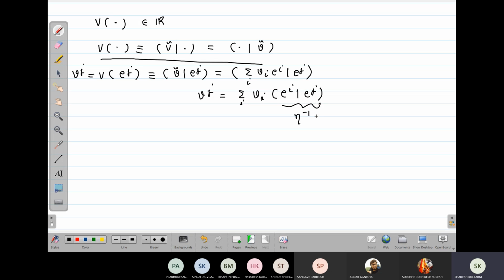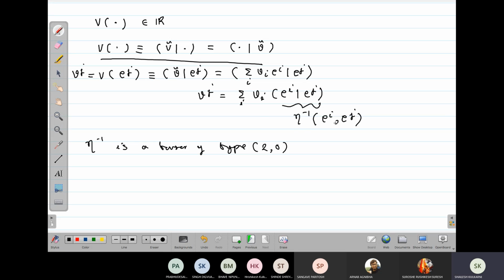This number is denoted by action of eta inverse on Ei Ej. So eta inverse is a tensor of type 2, okay, such that all these previous properties are satisfied.